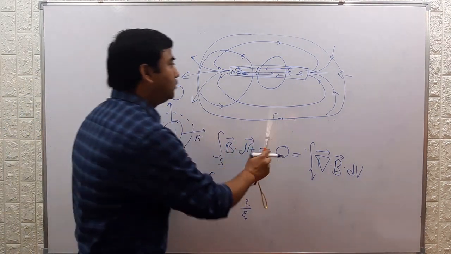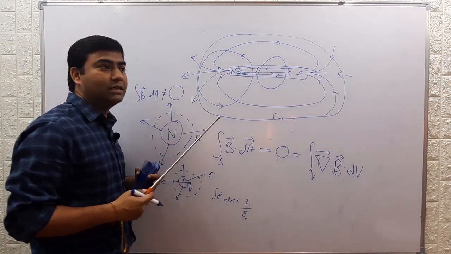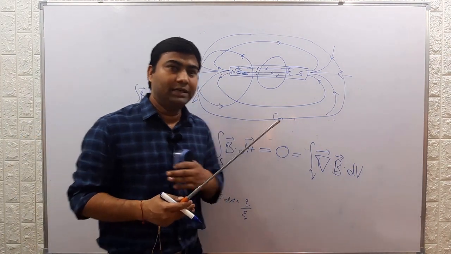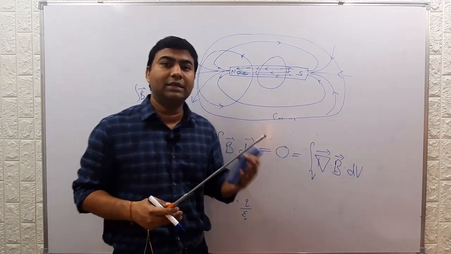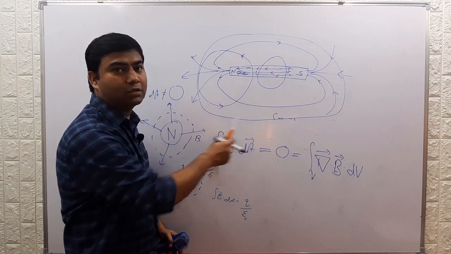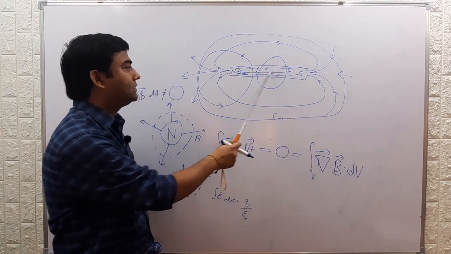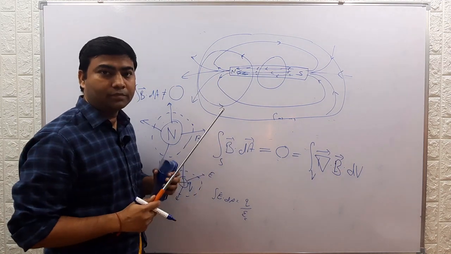You know that magnetic poles always exist in paired form. You will never find a single north pole or single south pole. That's why the magnetic field is continuous, always from north to south outside the magnet, and inside the magnet from south to north.